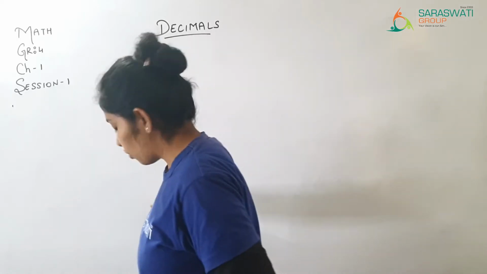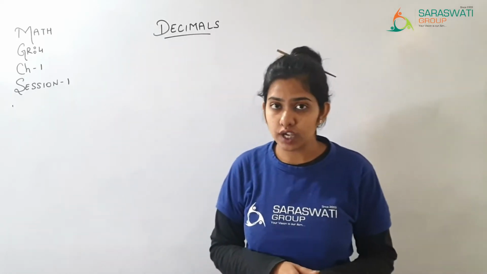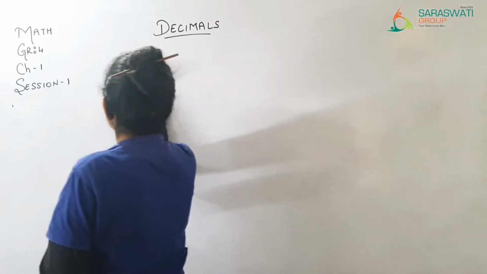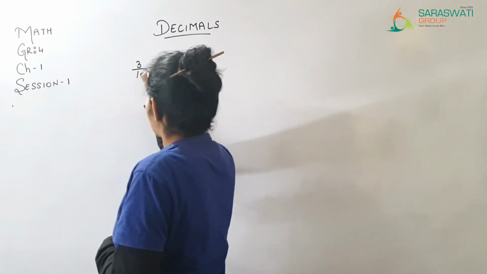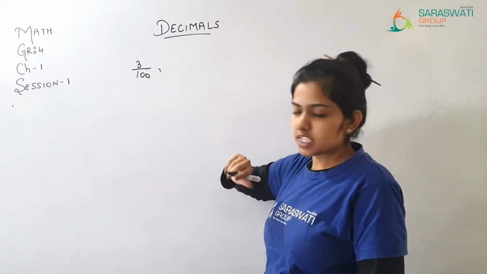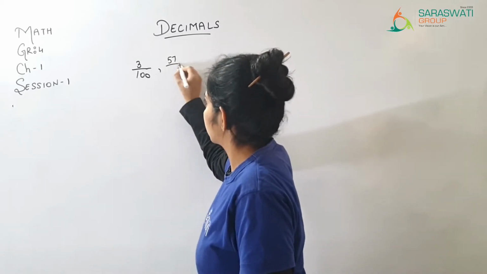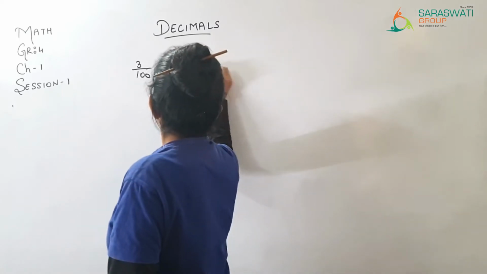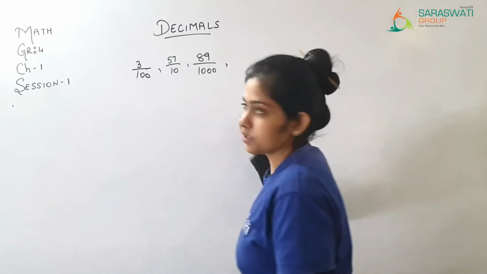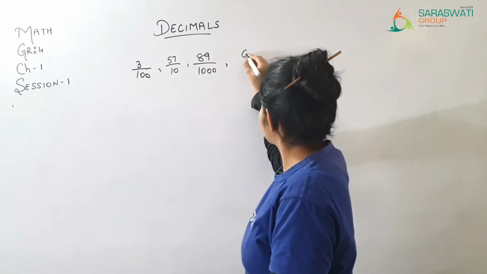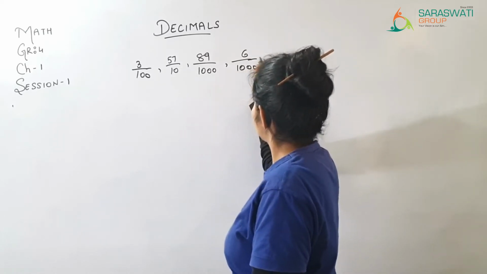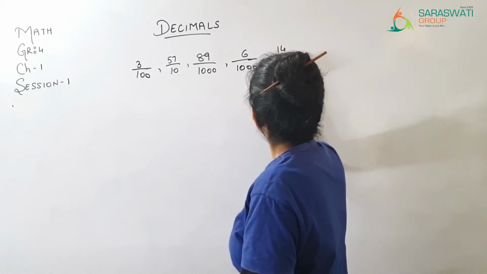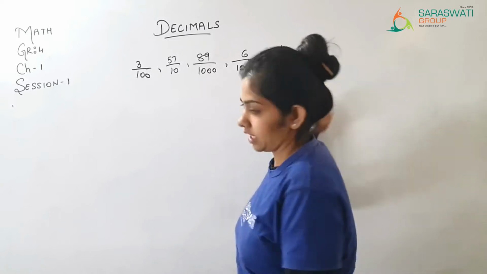Now over here I am writing some of the numbers. 3 by 100, then 57 by 10, 89 upon 1000, 6 upon 1000, 14 by 45, 11 by 10.